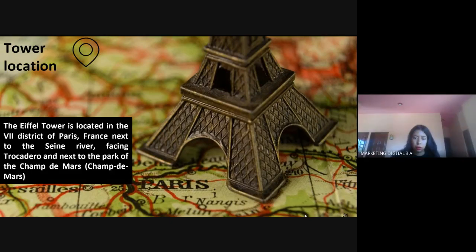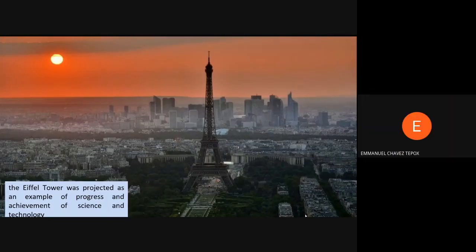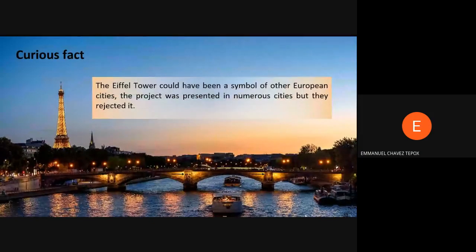Next. The Eiffel Tower was projected as an example of progress and achievement of science and technology. Next. Curious fact, the Eiffel Tower could have been a symbol of other European cities.